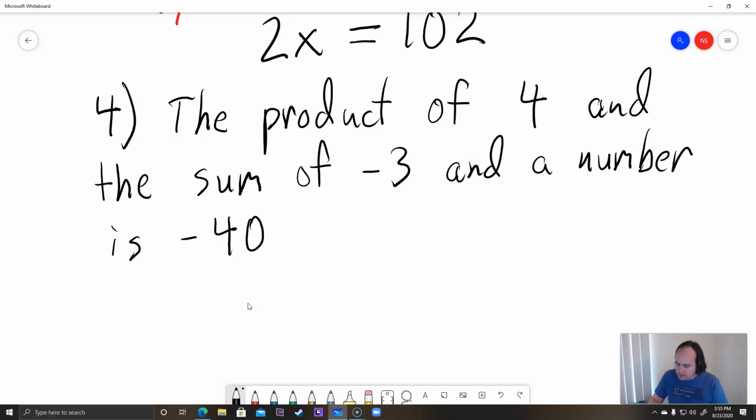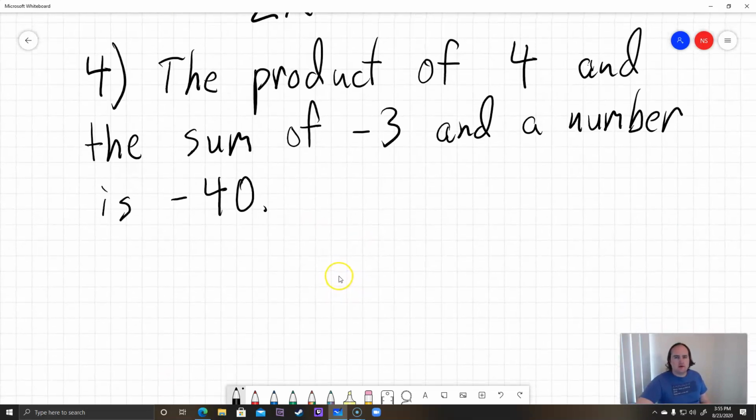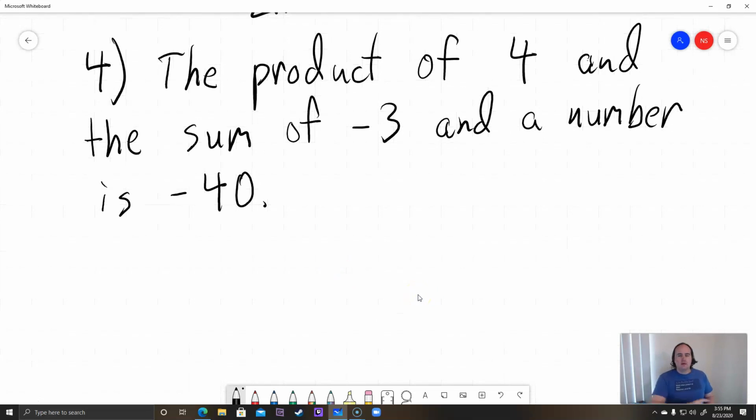Okay? So on this one, there's just a lot of words and a lot of stuff going on. But if you break it down into little parts, it's not too bad, but sometimes it can be hard to figure out what exactly they mean when they say such a long sentence.